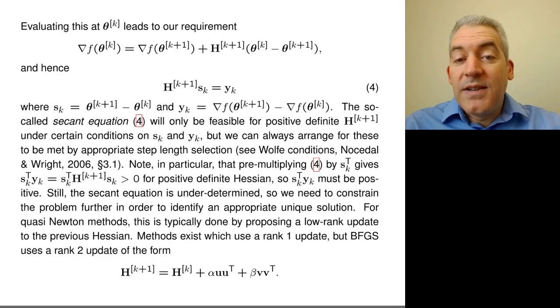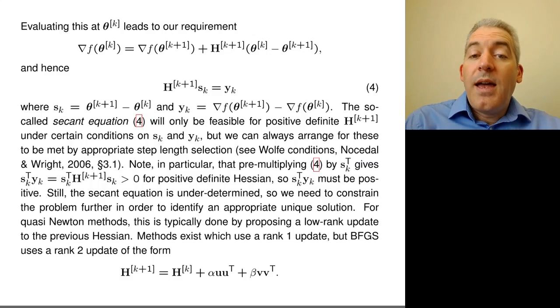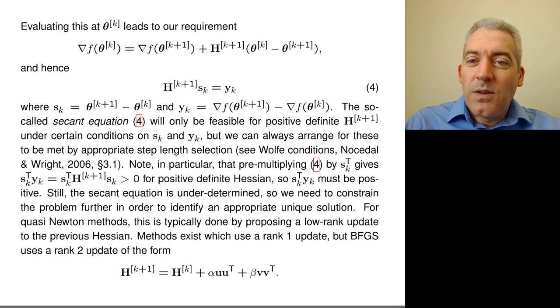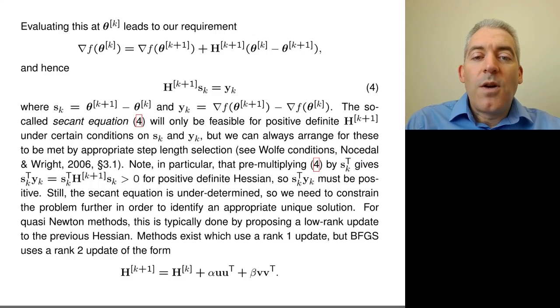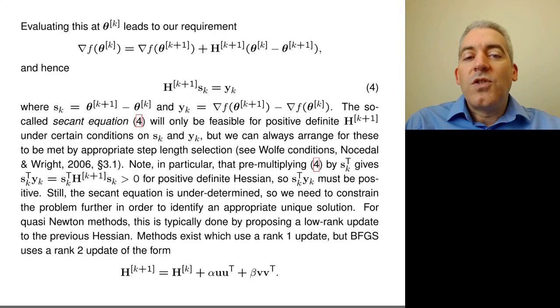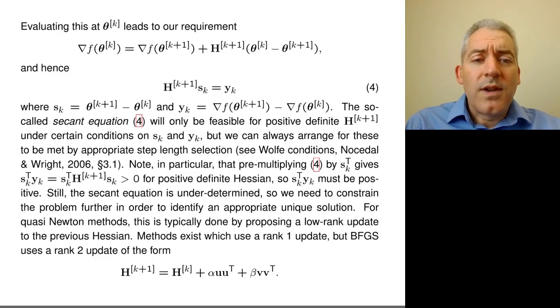It's easy to see, for example, that S transpose Y must be positive. That's one of the conditions, and if that's not true, then you need to do your step selection slightly differently to make it true. But you can always do it. It's not a problem, it just interferes with the step selection process.